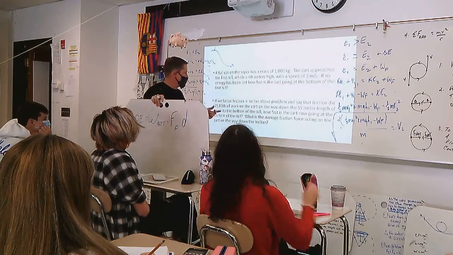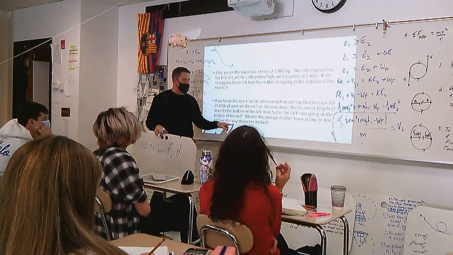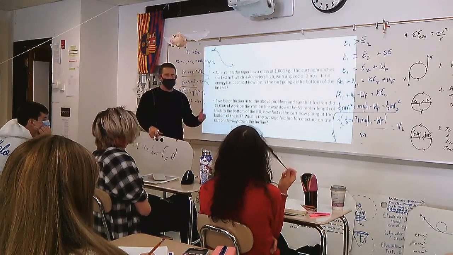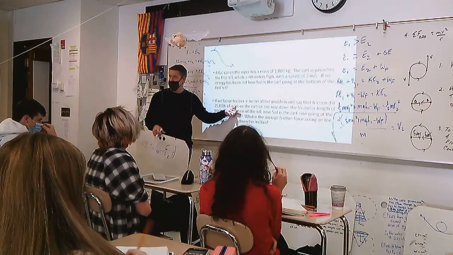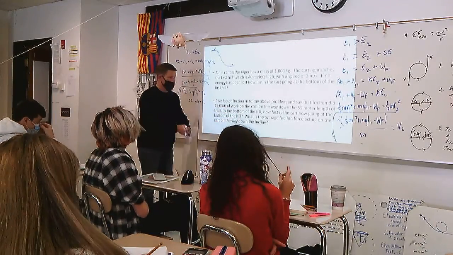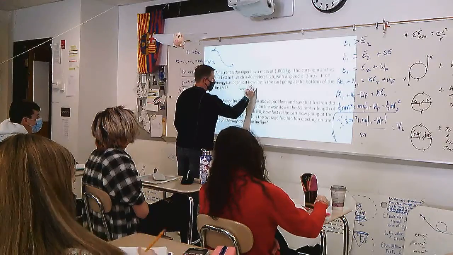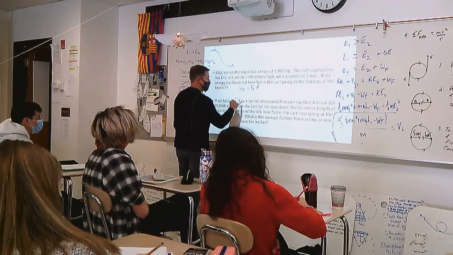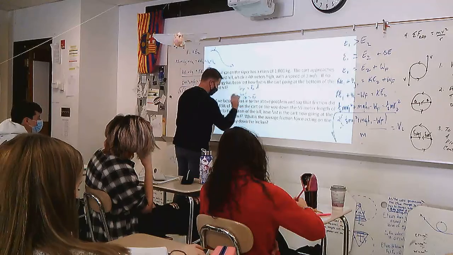So the second part of this question: what's the average force of friction acting on the cart on the way down? Well, that's the work done by friction divided by the distance. Since the work done by friction is equal to the force of friction times D, the work done by friction divided by D is equal to the force of friction.